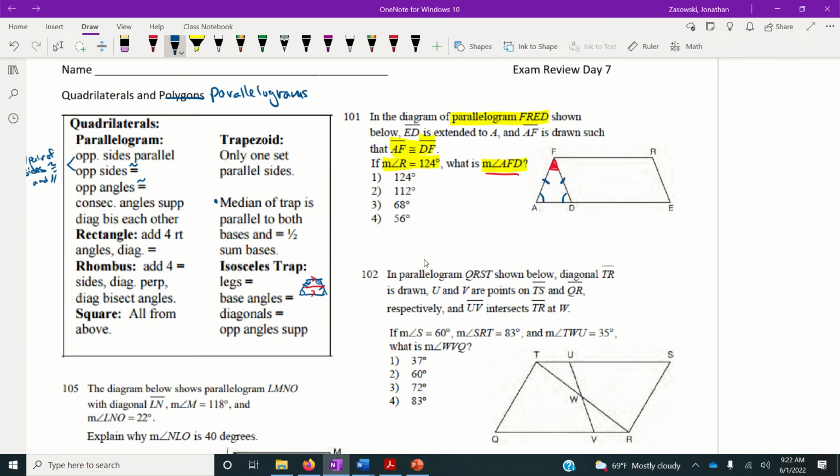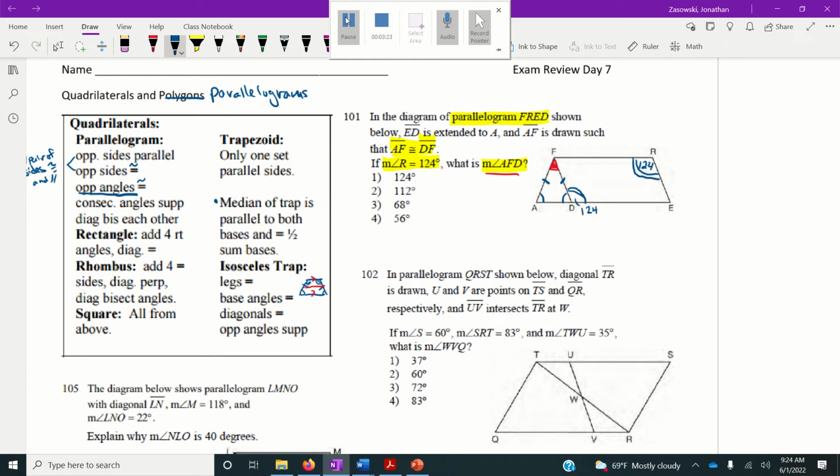So one idea to get the measure of angle AFD at the top is to figure out the base angles and use my triangle. Now, we already know that angle R is 124. Because we're dealing with the angles of a parallelogram, the opposite angles are equal to each other. So this 124 is the same as this guy right here, which means this angle is also 124.